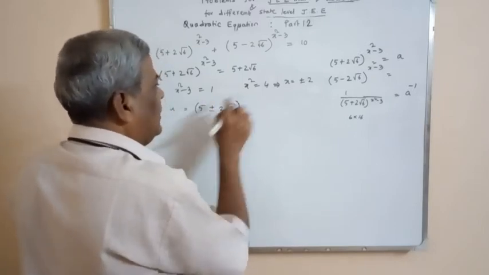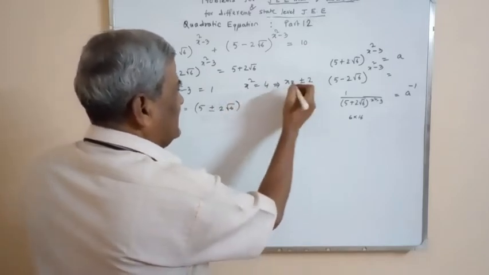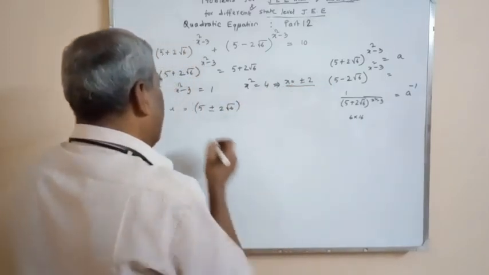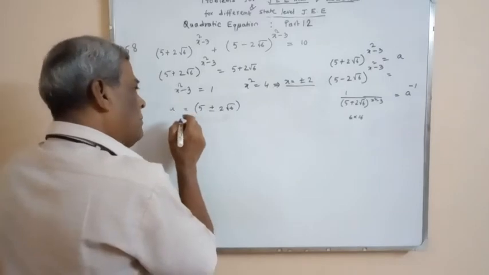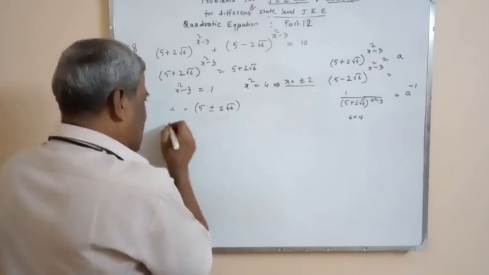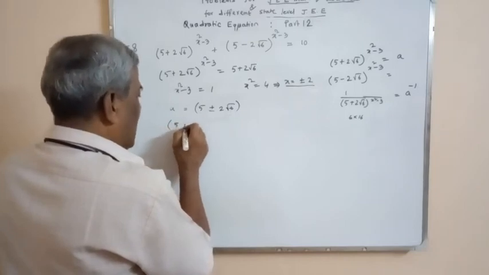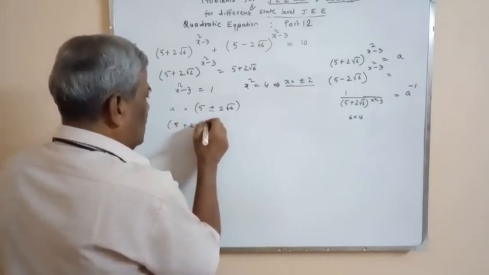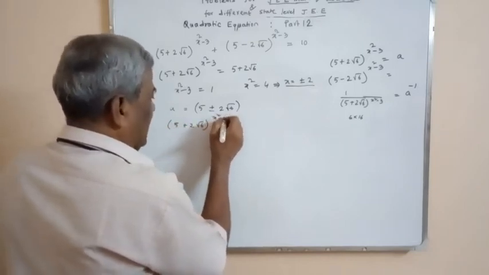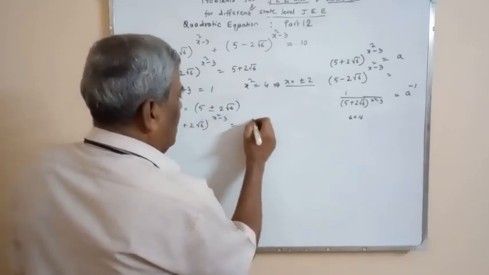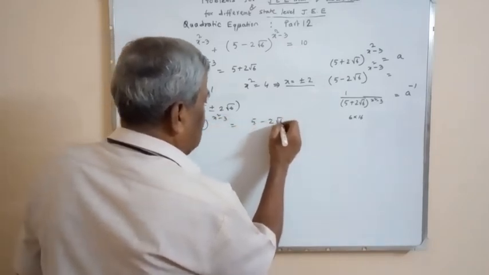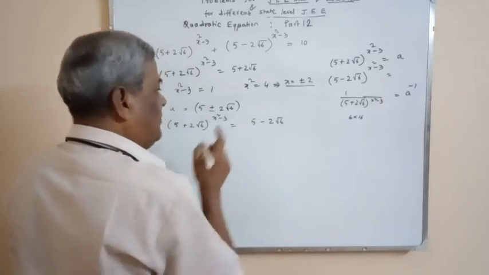Taking plus sign, we solved, our result is this. Now taking minus sign, in fact a means (5 + 2√6)^(x² − 3) is equal to 5 − 2√6, taking negative sign now.